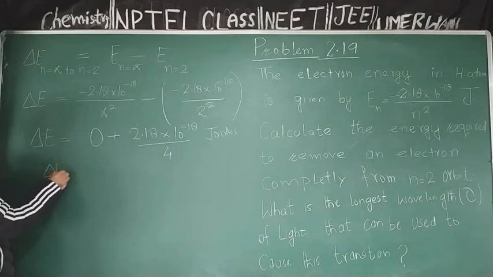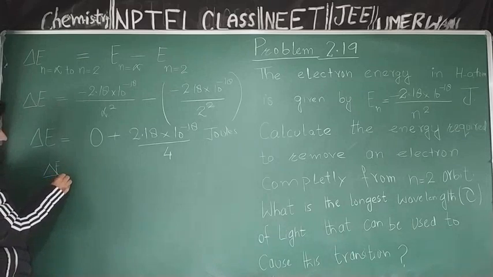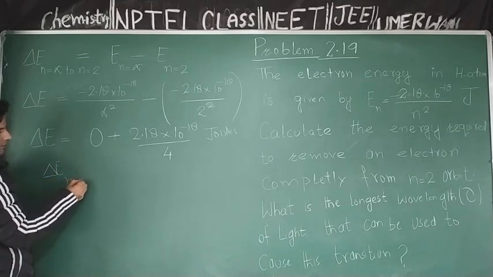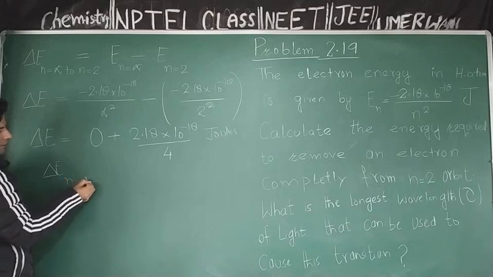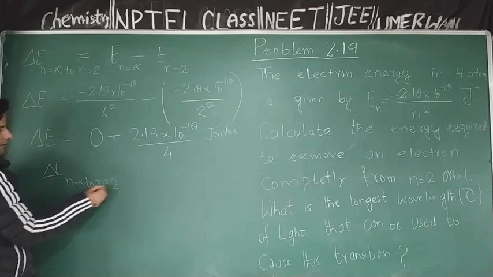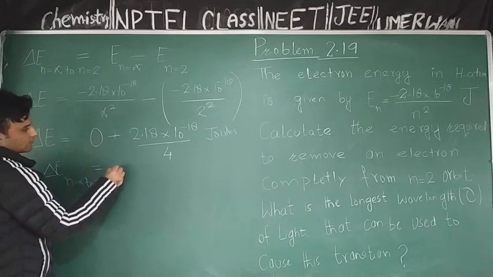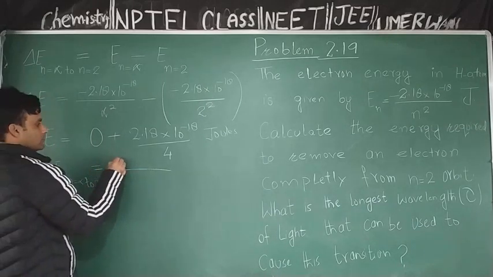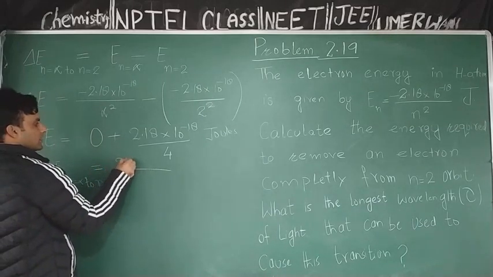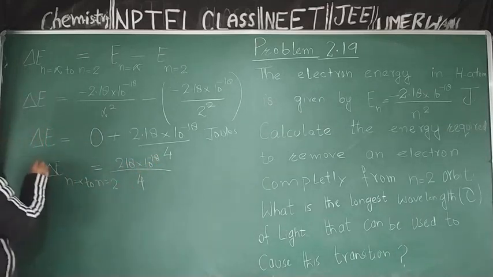Delta E, this is the energy required when we are interested to take an electron from n is equal to second orbit to n is equal to infinite orbit, and it is equal to 2.18 into 10 to the power minus 18 divided by 4.